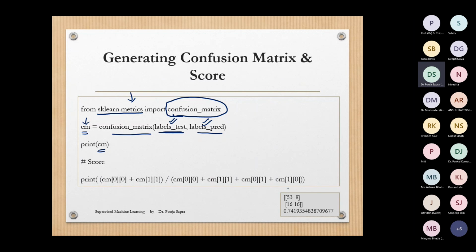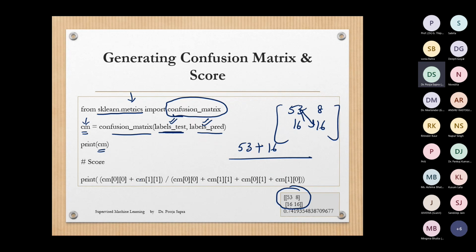Now, the confusion matrix for the data given to you is this. It says 53, 8, 16, 16. What does it mean? It means that these two values are important for us, and we can calculate the score on the basis of CM00, which means 53, and CM11, which means this diagonal.